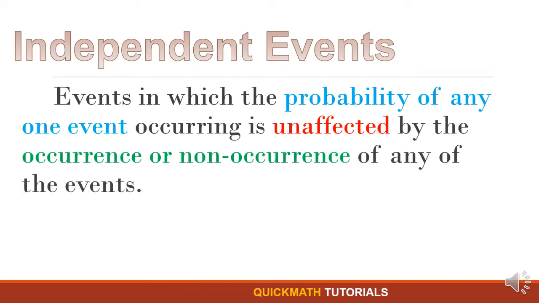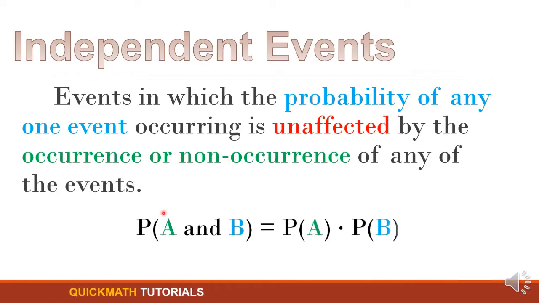Independent events are events in which the probability of any one event occurring is unaffected by the occurrence or non-occurrence of any of the other events. The formula for this is the probability of A and B equals the probability of A times the probability of B. For example, you randomly pick a card in a deck of cards, return it, then randomly pick another card.